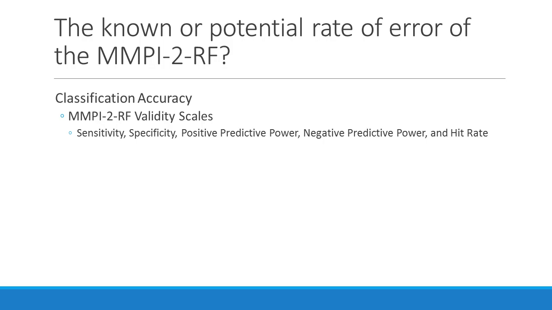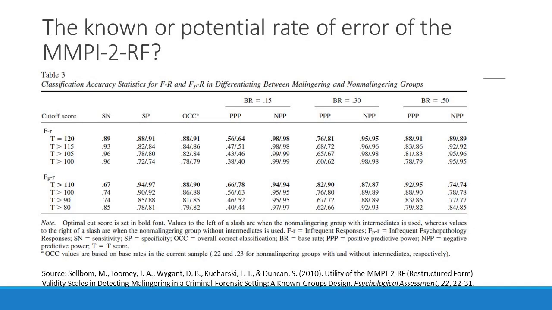But also classification accuracy statistics can be used to determine the rate of error in making decisions. The validity scales have been most subject to this type of analysis, where we look at sensitivity, specificity, predictive powers, and hit rates in determining our accuracy in making things like over-reporting versus not over-reporting classifications.